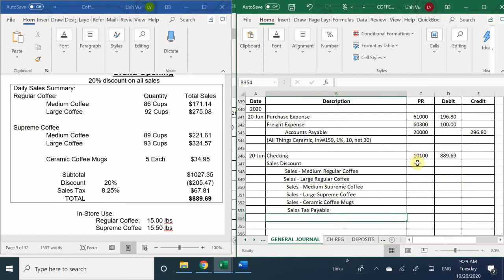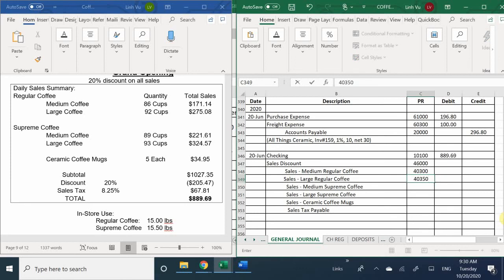Okay, so what are all of my account numbers here? For sales discount, 46,000. For sales medium regular coffee is 40,300. The next one, for sales large regular coffee, is 40,350.